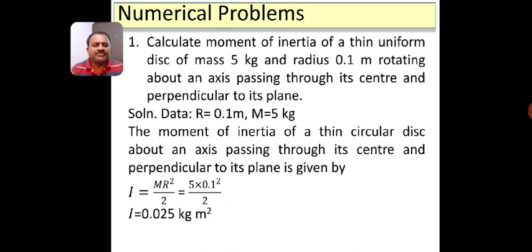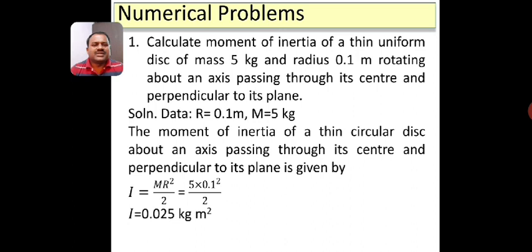So mass is given, radius is given, and we are supposed to calculate the moment of inertia of the disk about an axis passing through its center and perpendicular to its plane. And we all know that the moment of inertia of the thin circular disk about an axis passing through its center and perpendicular to its plane is given by I is equal to mr square divided by 2, where m is the mass of the disk and r is the radius of the disk.